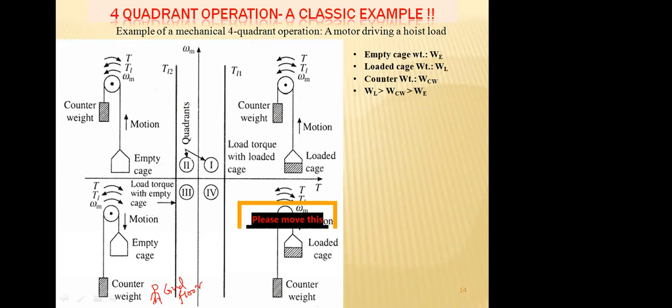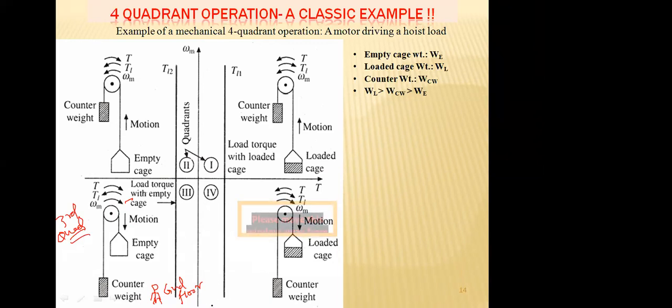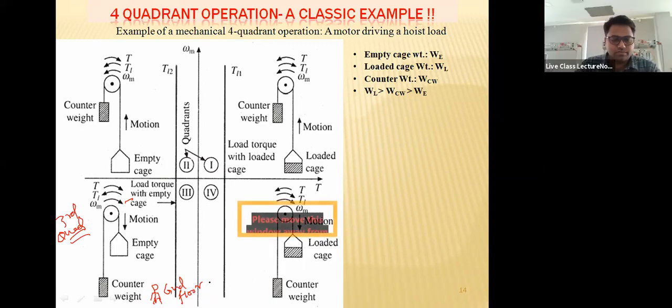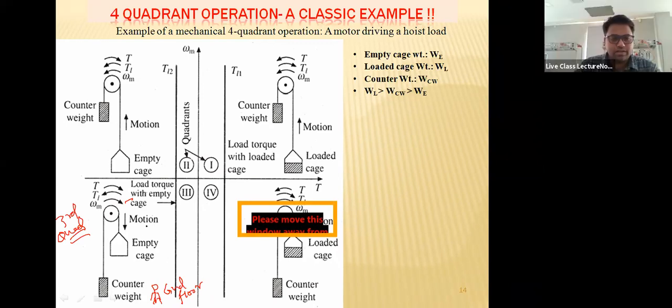In the third quadrant, the case is you are on the ground floor and you want to go up, but the lift is on the fourth floor. So what do you want? The lift to come down for you. So you order that you will go up and the lift is coming down.